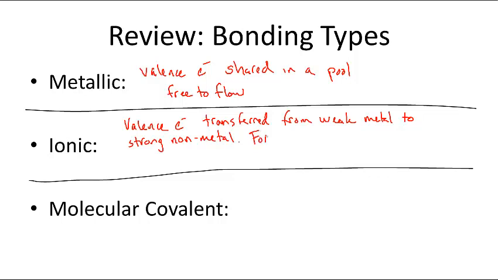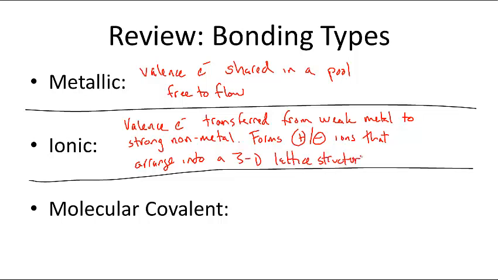Forms plus and minus ions that arrange into a 3D lattice structure. Remember that they're that alternating plus minus.